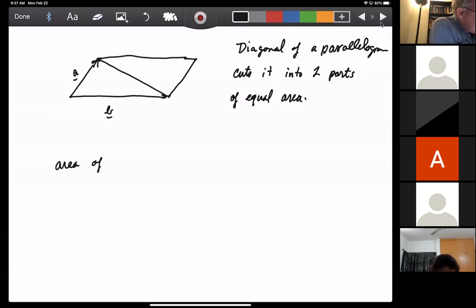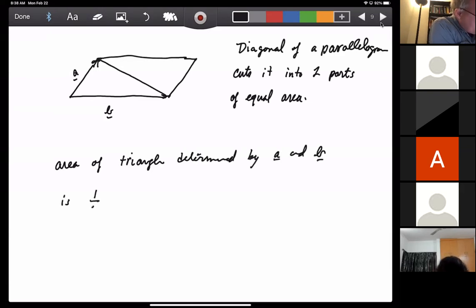We also might be interested in the triangle. Right, so the triangle is just half the area of the parallelogram, so just have to remember that little bit of geometry.